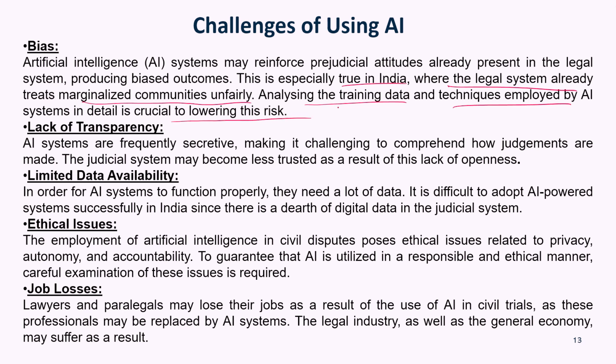So this is really very important, that there may come a bias because of the technique employed in feeding the AI or in commanding the AI, or in making it workable.